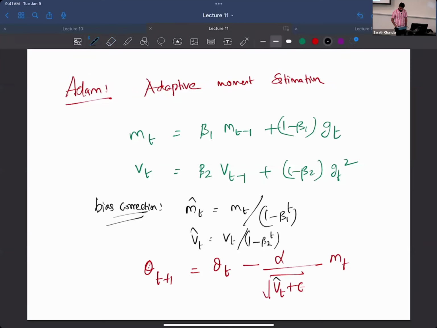And you use v hat and m hat here. Is that clear? Any questions?